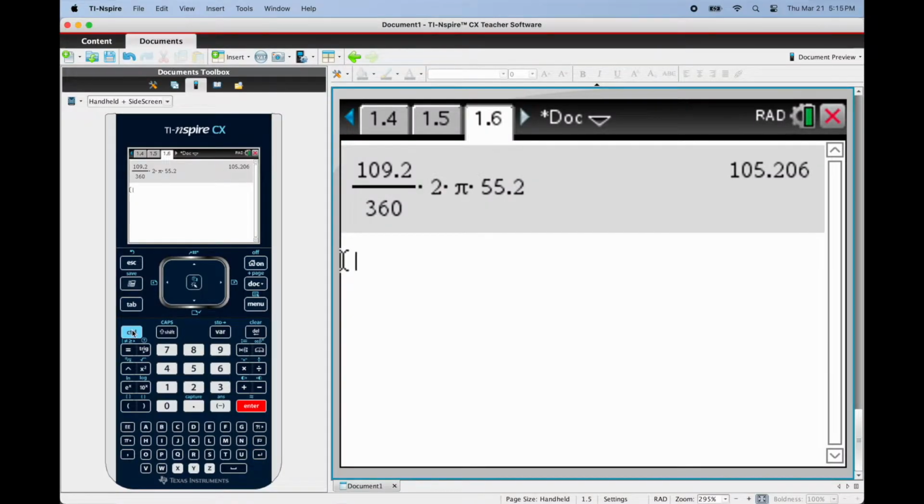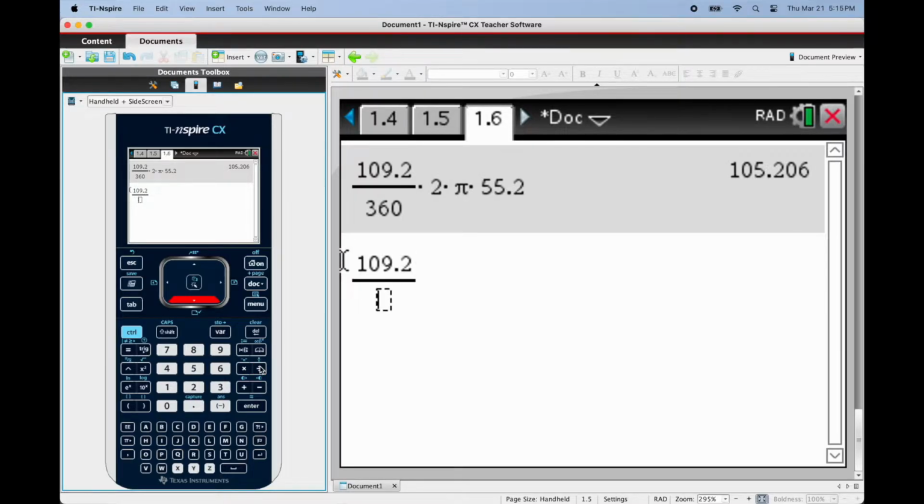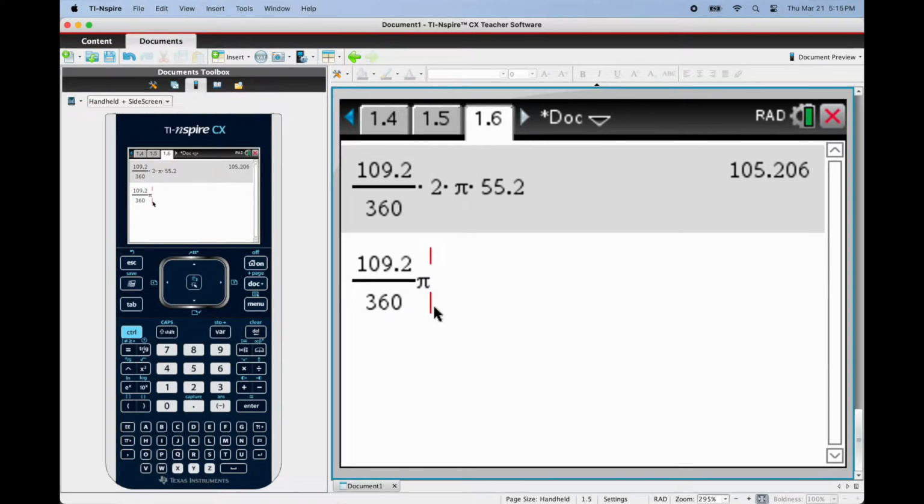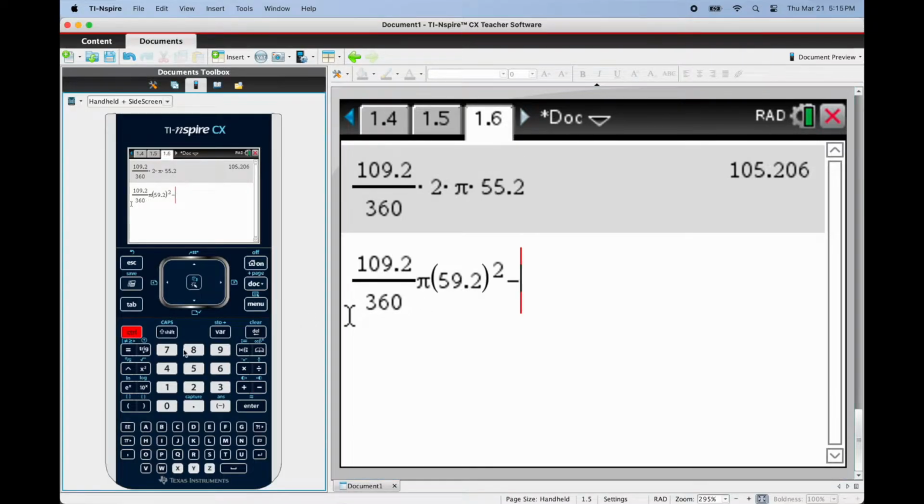Okay, so let's set a fraction up, 109.2 over 360. We're going to multiply this by pi, and then the radius itself for this larger one was 59.2. We want to square that, and we want to take away the smaller circle.